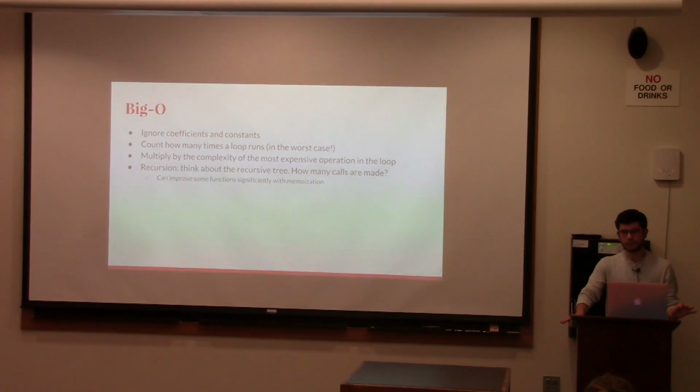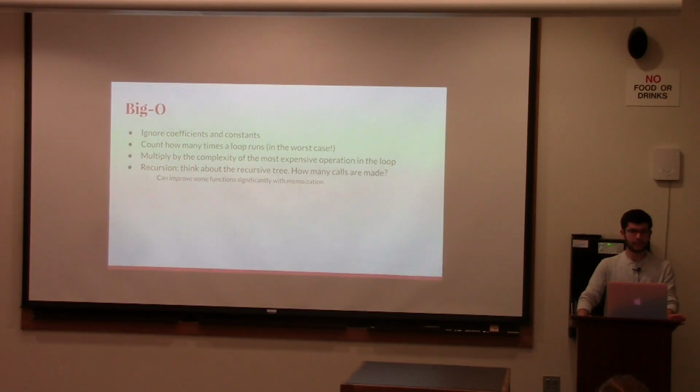If you're asked to analyze the Big O efficiency of some chunk of code that you see, the most common thing that you'll have to do is look at some loop and say, how many times does this run? That's usually in terms of n or some factor of n.